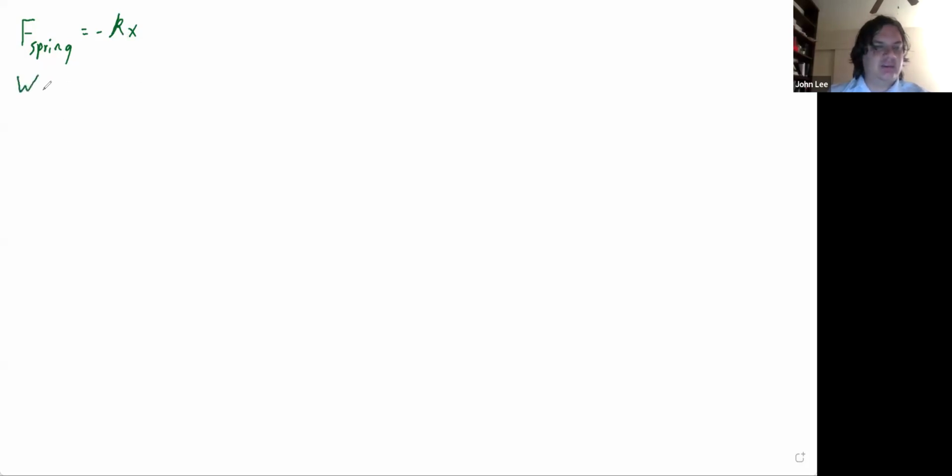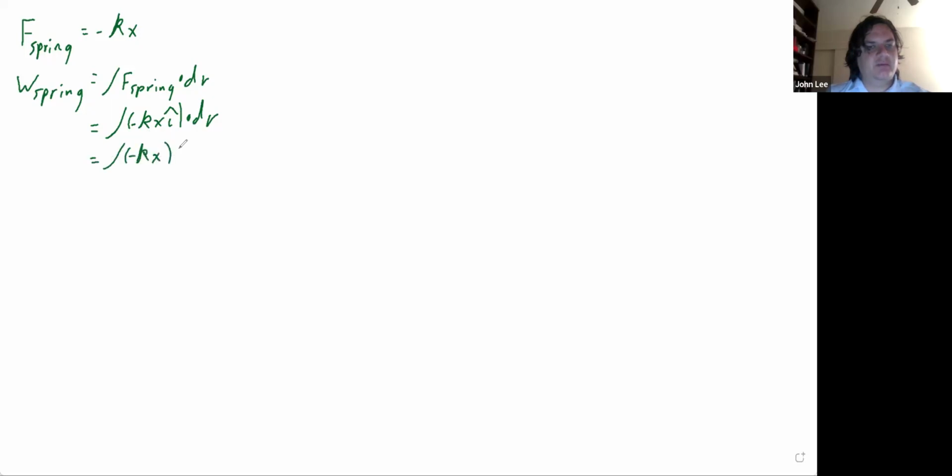So the work done on a spring or by a spring is equal to F spring dot dr, which equals negative kx i dot dr, which equals negative kx times dx, because again, we're only worrying about the motion in the x direction.